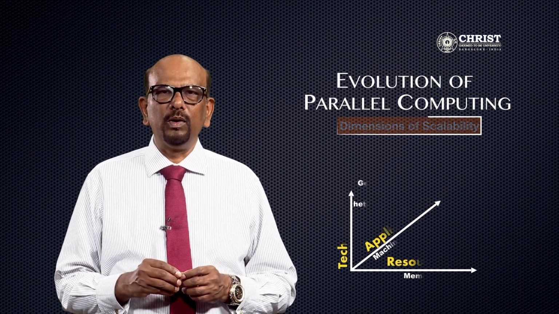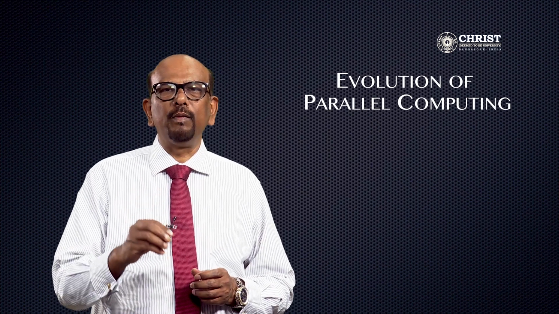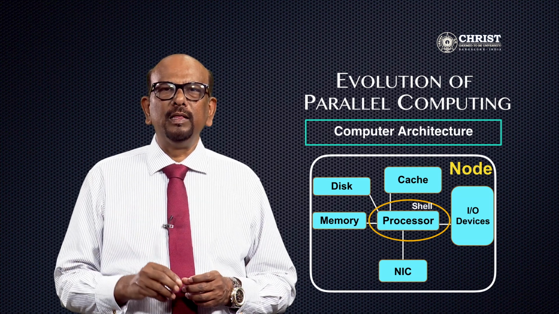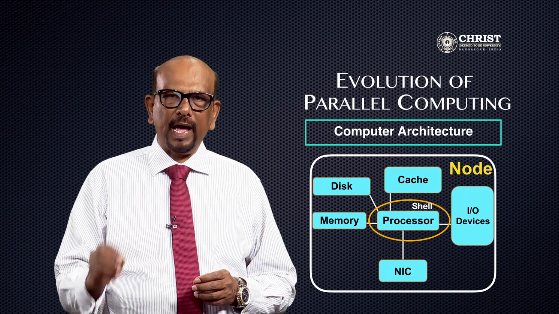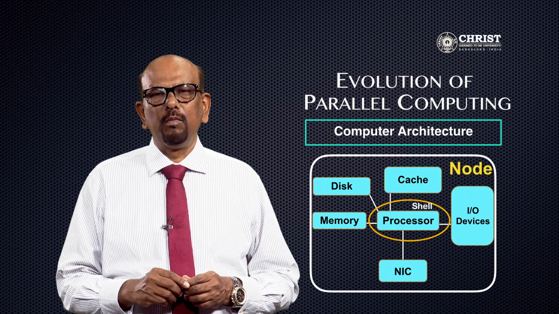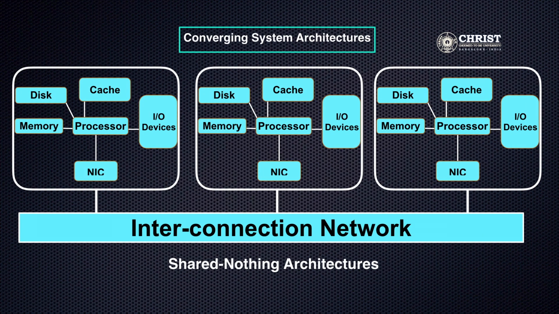With this background, let us see the scalable architecture in parallel computers. Let us have a quick relook at the simple node having processor, cache, memory, and disk space. Model 1. In the first attempt, we just connect multiple nodes together and make a powerful computer system.